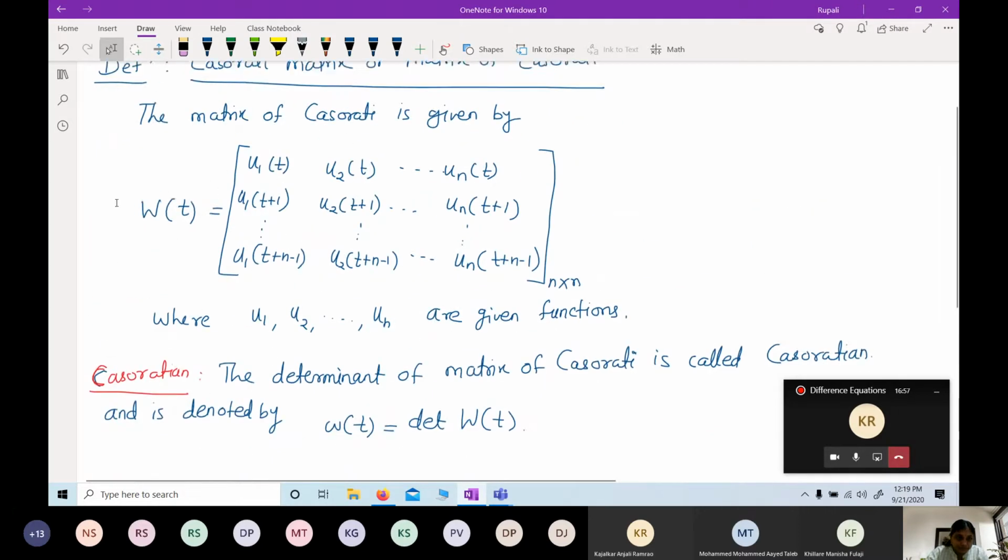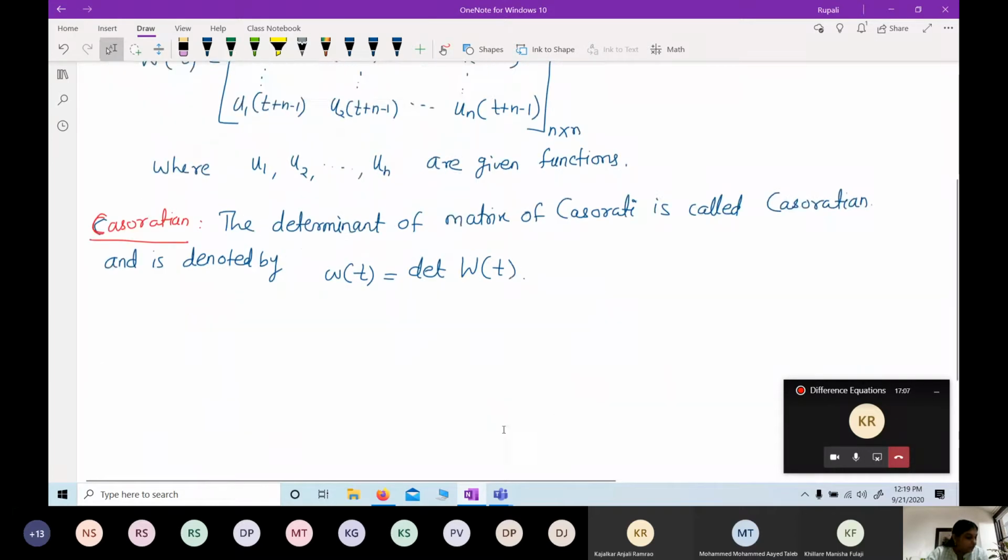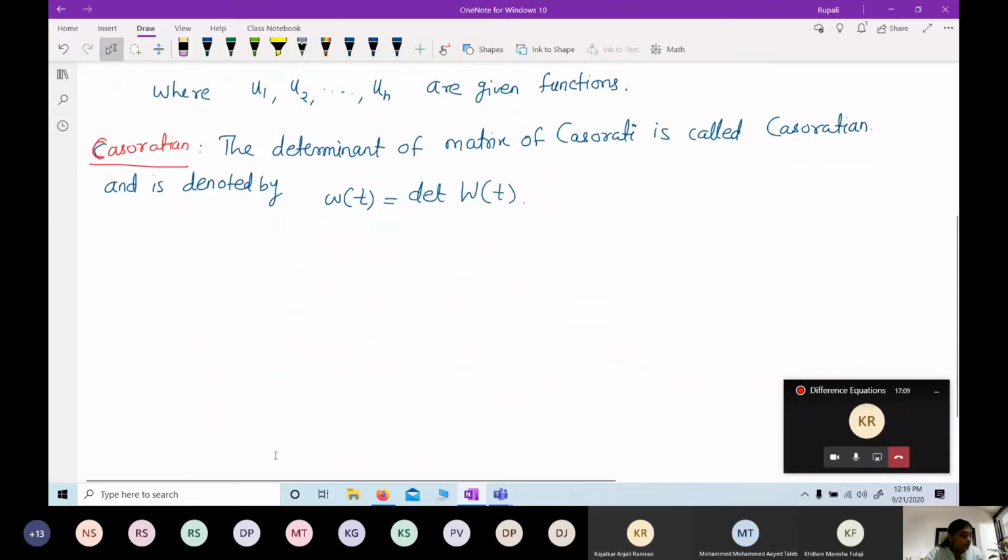Its determinant is denoted by small w(t), and it is just called the Casoratian, similar to the Wronskian in differential equations.